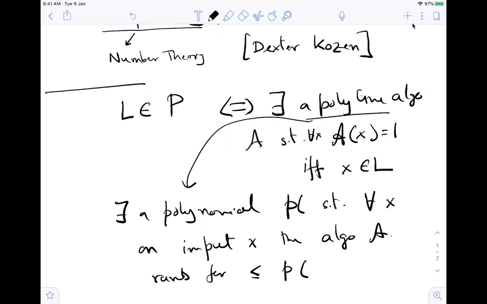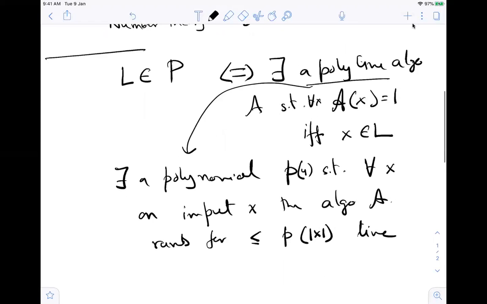This poly is a polynomial in a particular variable, the size of X. So it runs for less than or equal to poly in size of X time. Time of course, I don't mean time in seconds. Time means number of steps. Okay, so this is the formal definition of P that one can write.